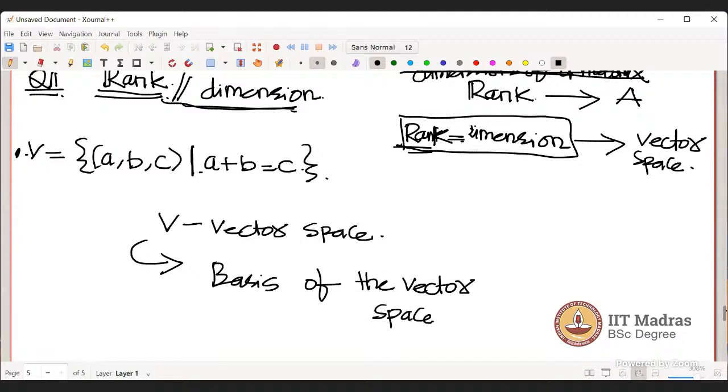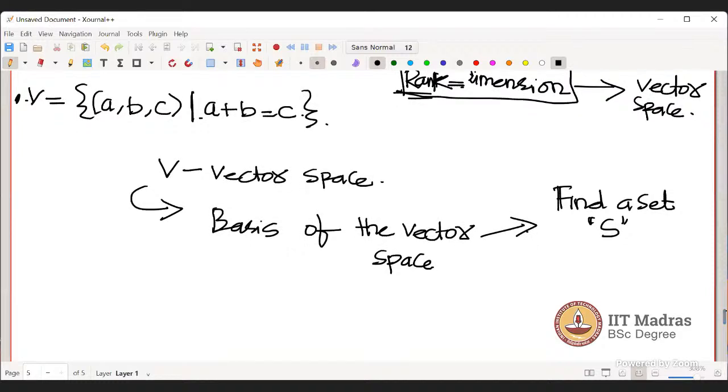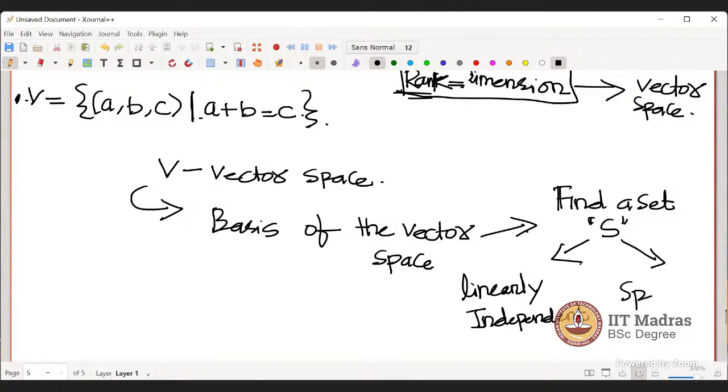And how will you find the basis of a vector space? For that, you have to find a set S so that this set is linearly independent, and the second thing is the span of this set S should be V, right?